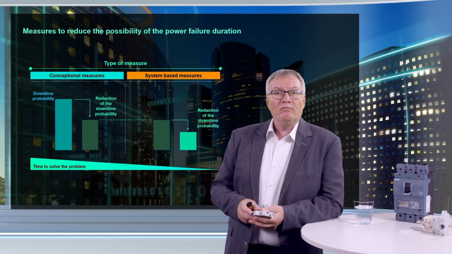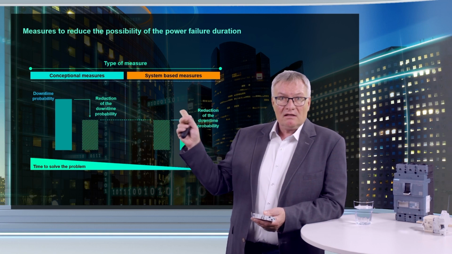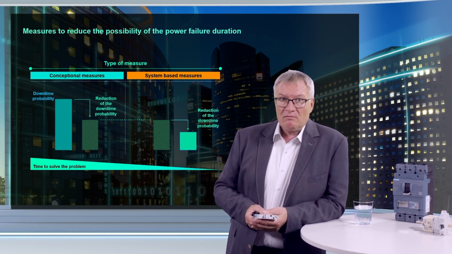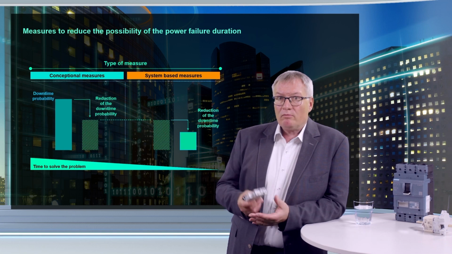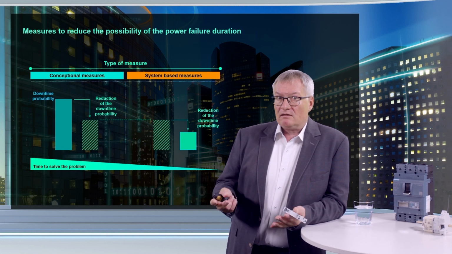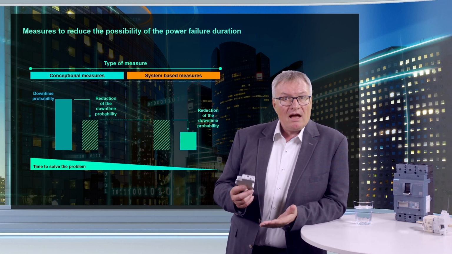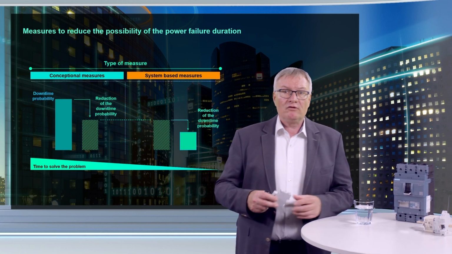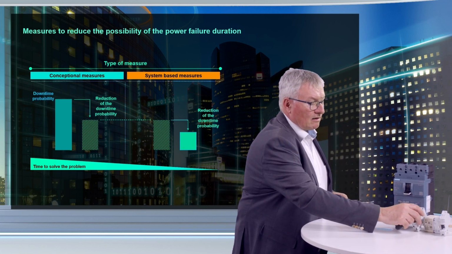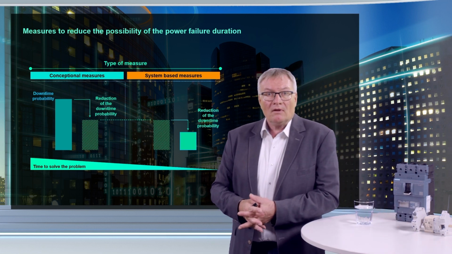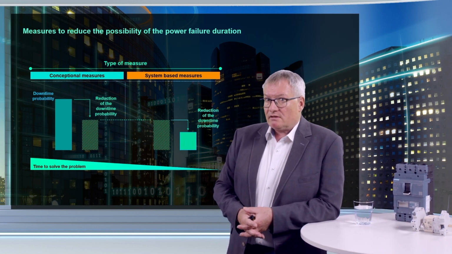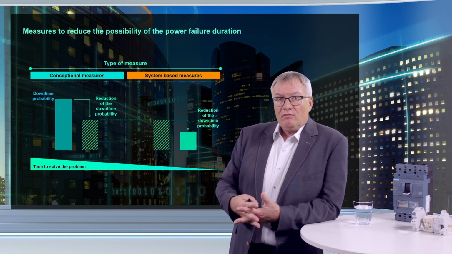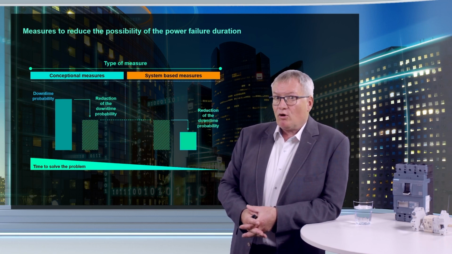The appropriate combination of conceptual and system technical measures offers an optimal reduction of possible downtimes from an economic point of view. At the latest with the commissioning and testing of the electrical equipment, operational measures for the operation and availability must be defined. In combination of all measures, the time required for the solution can be optimized.